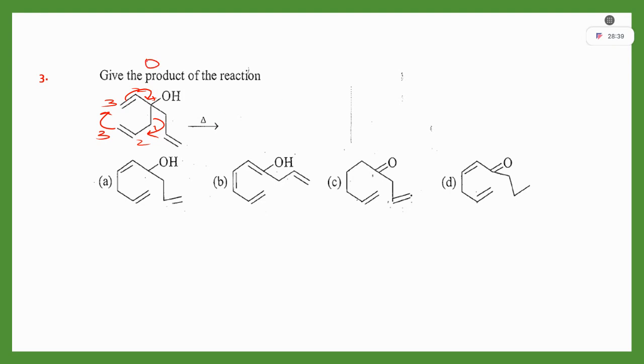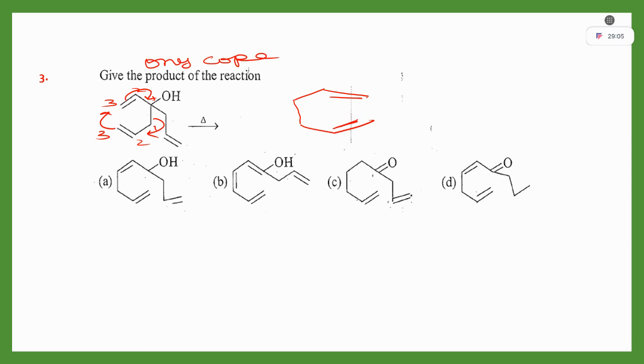This is your oxy-Cope. Why? Because carbon-oxygen is attached. But if one of the atoms where you have numbered is oxygen, then it will be Claisen. Okay. So let's make the product directly like this. Here double bond will come. This bond has broken.